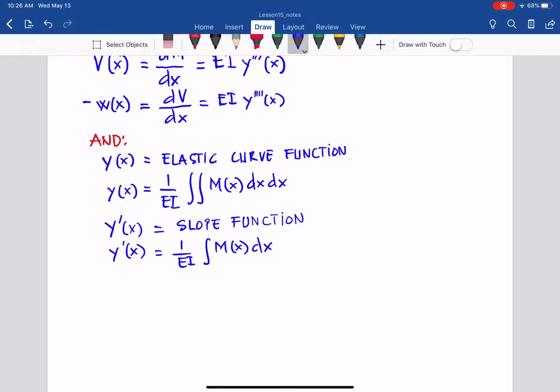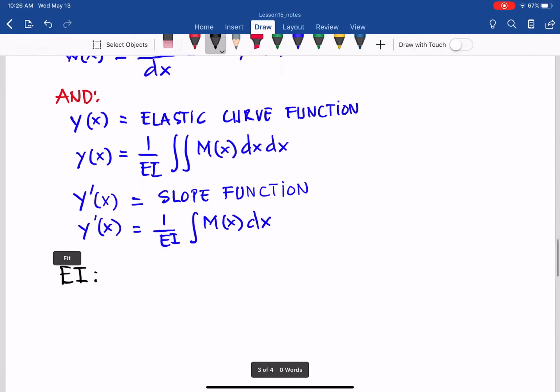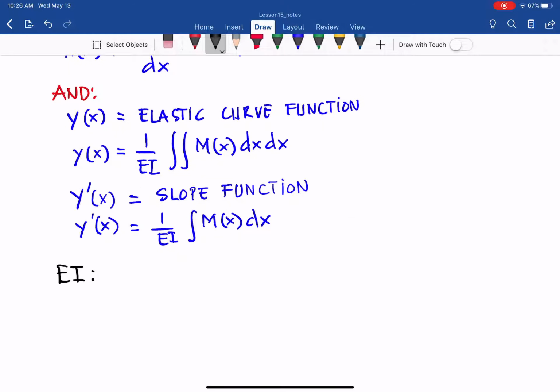Okay, so what is EI? EI, by definition, E stands for the material properties of that beam, I stands for the geometrical properties. The combination of these basically defines the flexural rigidity.